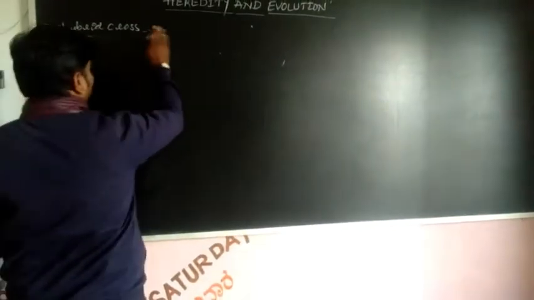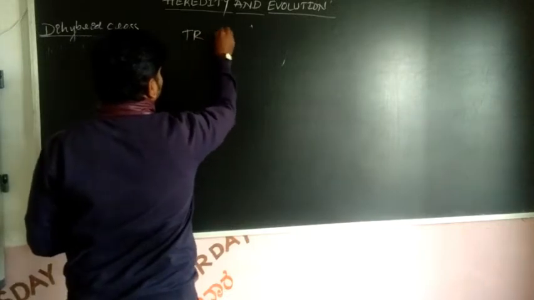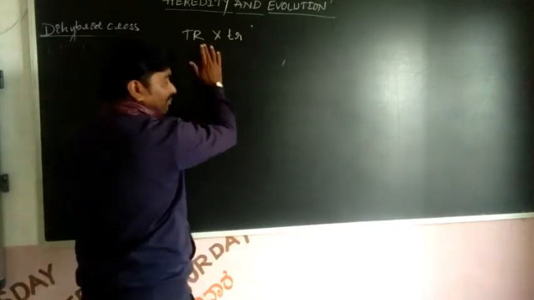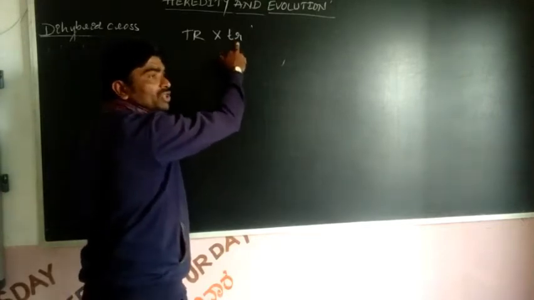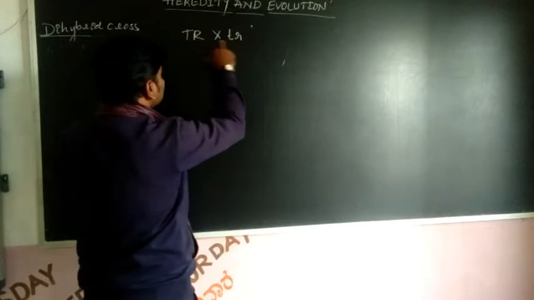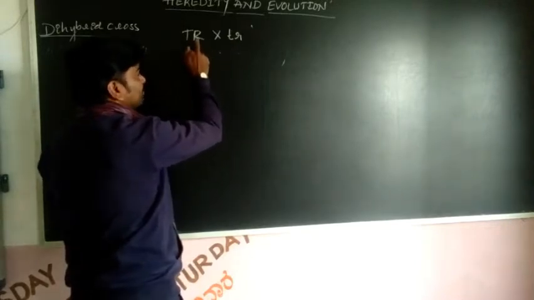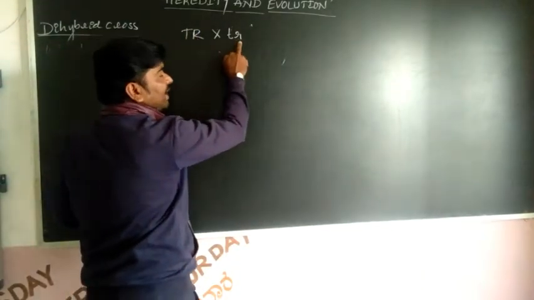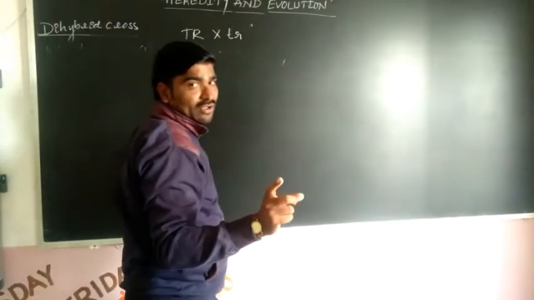Mendel collected pollen grains, taking capital T, capital R, small t, small r. That is the Mendel crossing between a red flower with a tall plant and a white flower with a dwarf plant. Mendel collected pollen grains from the red flower with a tall plant and transferred them to the white flower with a dwarf plant artificially.